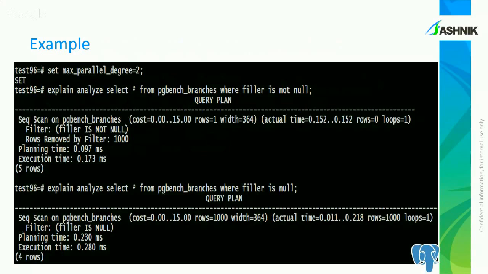I have allowed PostgreSQL to use a maximum of 2 parallel worker processes. Still, it is not using them. Still, PostgreSQL decides that a simple sequential scan is more efficient. And perhaps it is right.